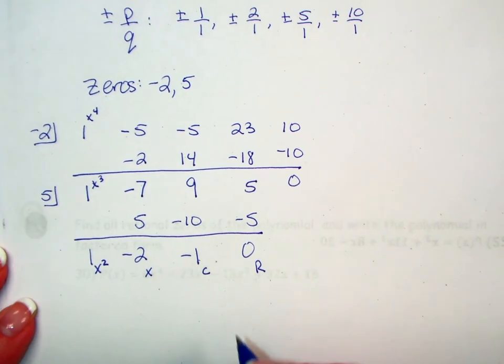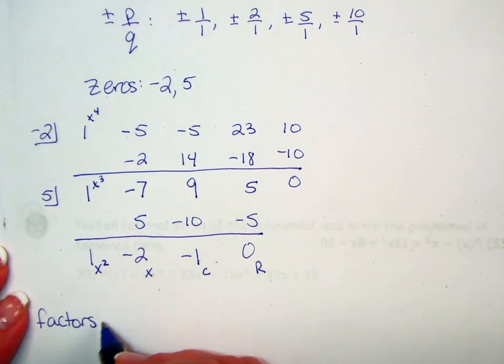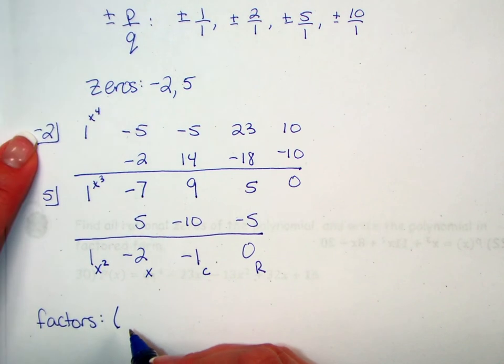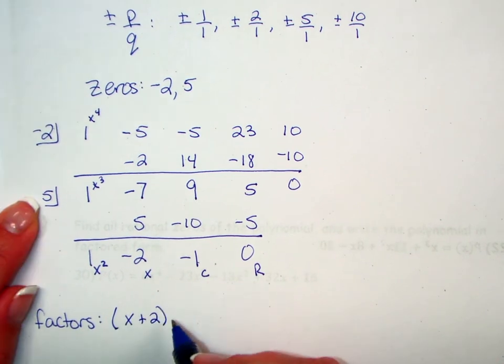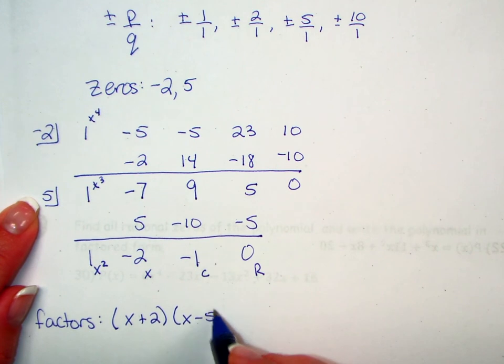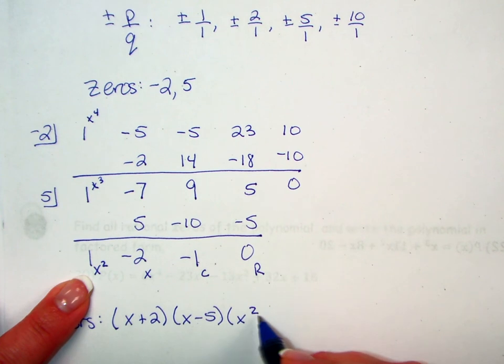So for right now, we have factors. If -2 divides it, x plus 2 is the factor. If 5 divides it, x minus 5 is the factor. And then this quotient here is our last remaining factor.